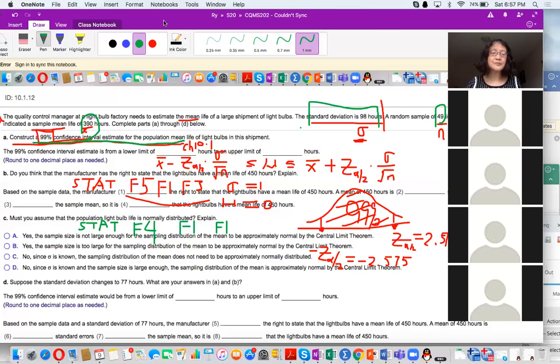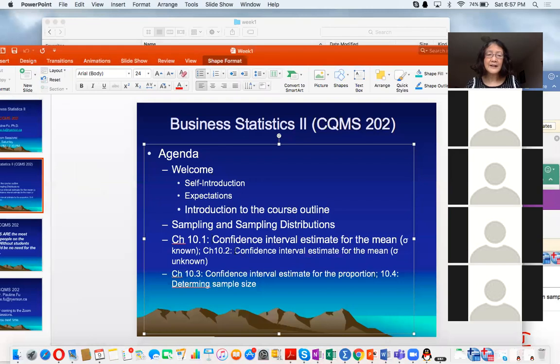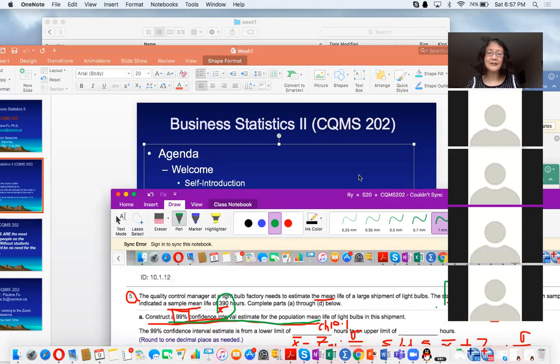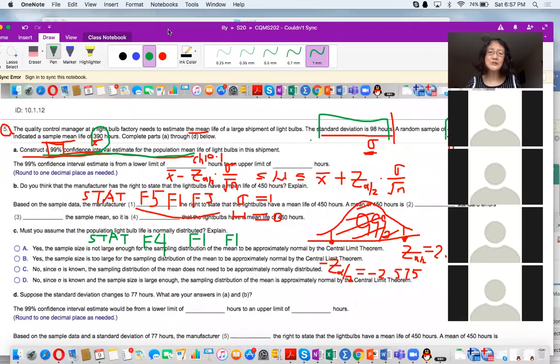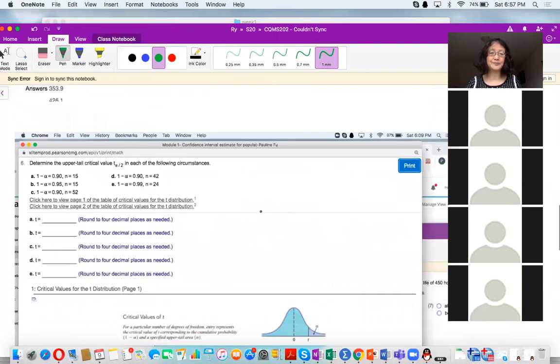Section 2 is about confidence interval estimate for population mean when population standard deviation is not given. When it is not given, you do not use Z, you use T. So first we are going to introduce the T table, or student table.